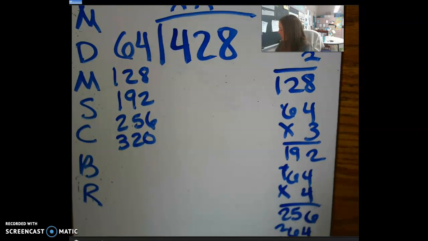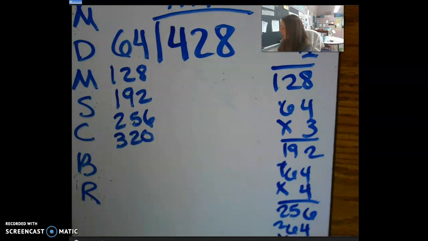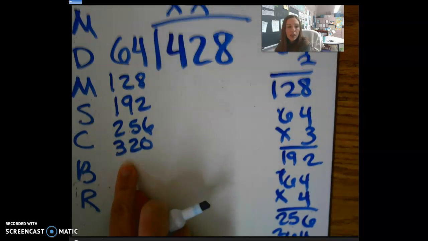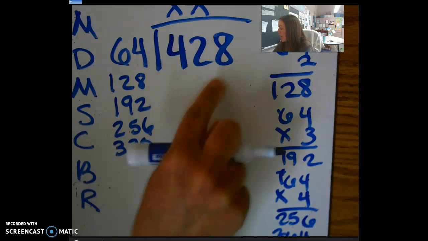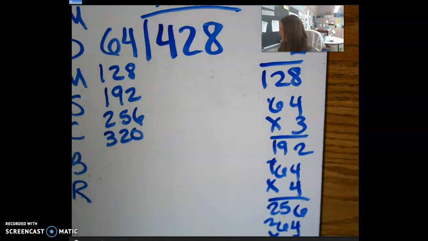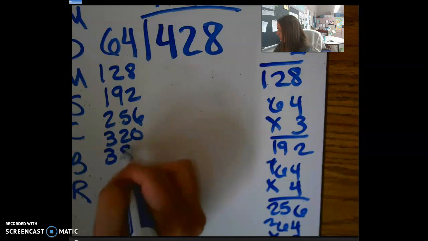Let's see. That was 5. Remember, I know that sometimes I say you can stop at 5, but look, 320 is 100 away from 428, so we're going to have to keep going. 64 times 6 is 384, we're getting closer.